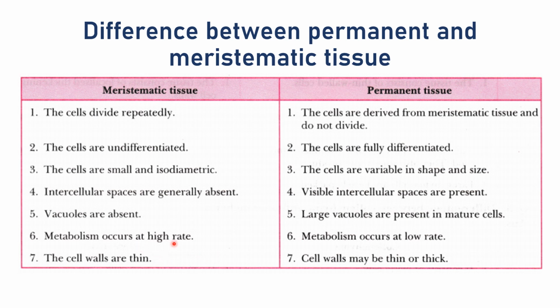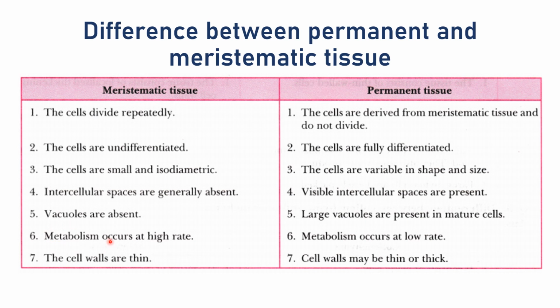Metabolism occurs at a high rate here in meristematic tissue, and at a lower rate in permanent tissue. Why do they have a high metabolism rate?